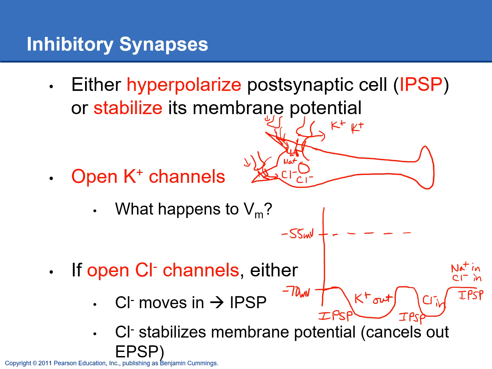All right, so I would know those as well because I could have a question and say, you know, which scenario would create an IPSP? Okay, and if I had a choice where you were opening up, for example, ligand-gated ion channels that were letting potassium out of the cell, well, that would be the correct answer. Okay, so make sure you know that all of these things would create an IPSP.